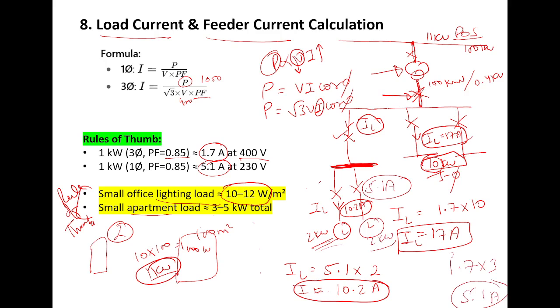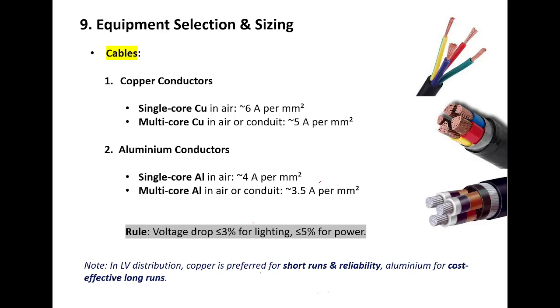Coming to cables, you can see I am having two types of cable conductor: one is copper conductor, one is aluminum conductor. In low voltage, for short runs we always use copper cables, but for long runs or overhead lines we prefer aluminum cable conductor.